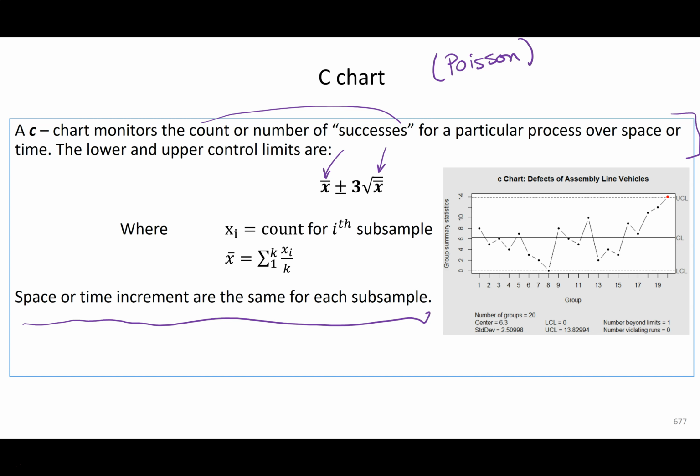So x bar is just the average of the counts across all the subsamples, and that's pretty much it. It's probably the most straightforward of these control chart limits to calculate. So this is an example of one.